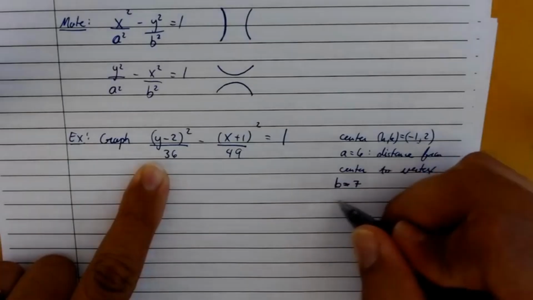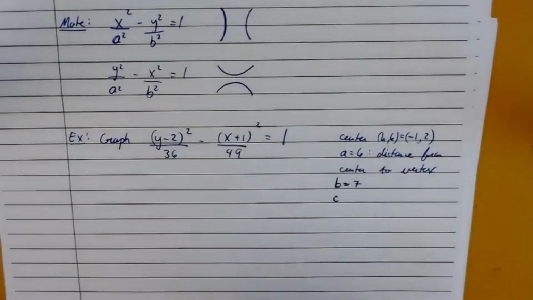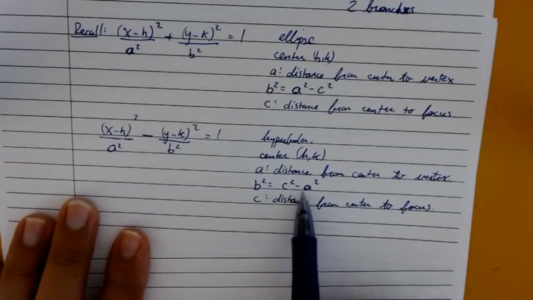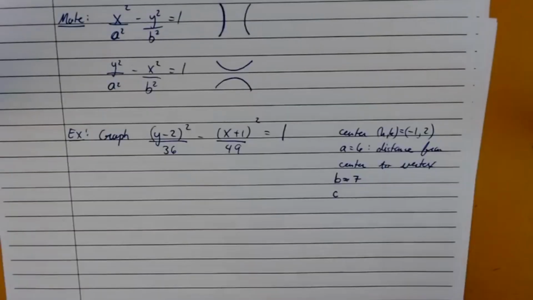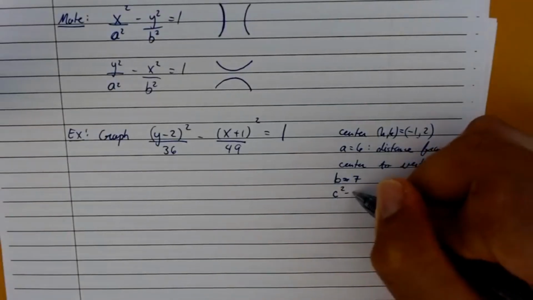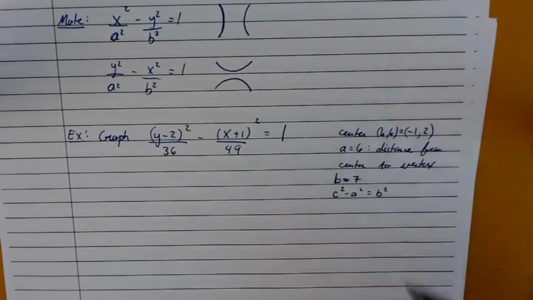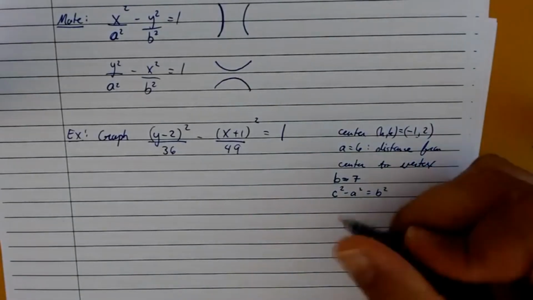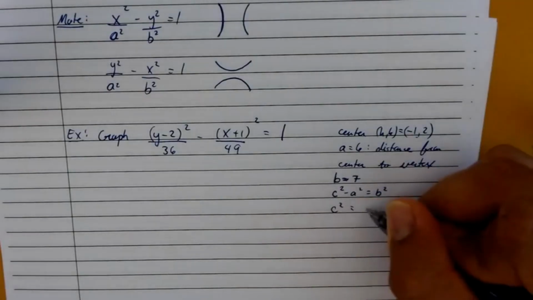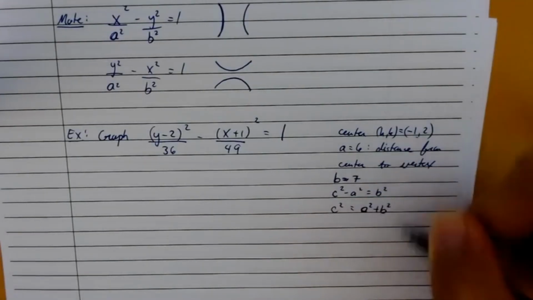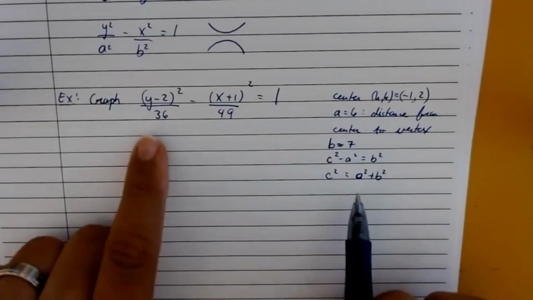And then, of course, our c. Well, note that c squared minus a squared is equal to b squared, which means that if I add the a squared over this way, I get c squared is equal to a squared plus b squared. Oh, but we know our a squared and our b squared.